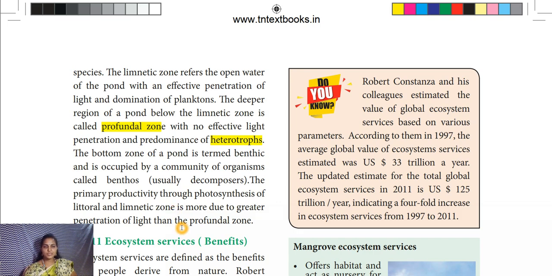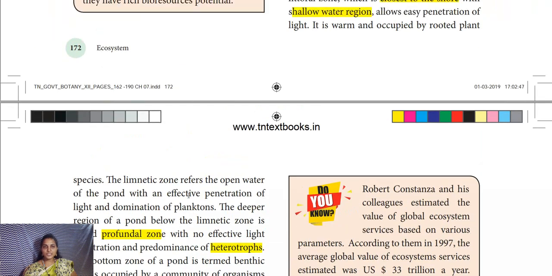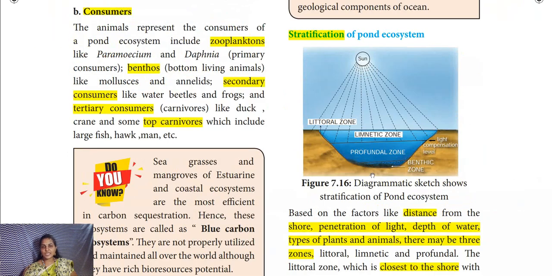In the bottom layer there are no other organisms, only the benthos, the decomposers. By this means, production as well as the cycling of nutrients is maintained in this pond ecosystem.